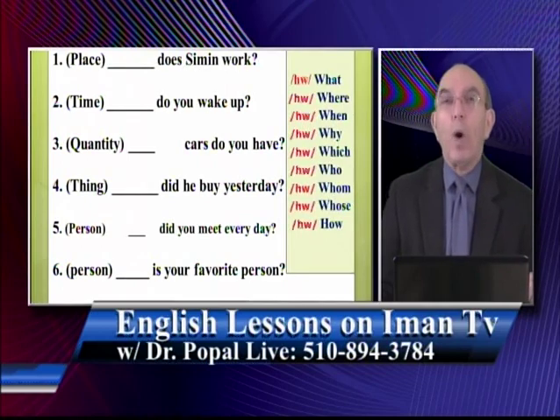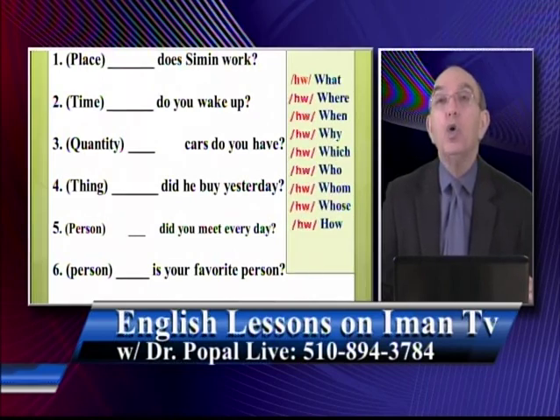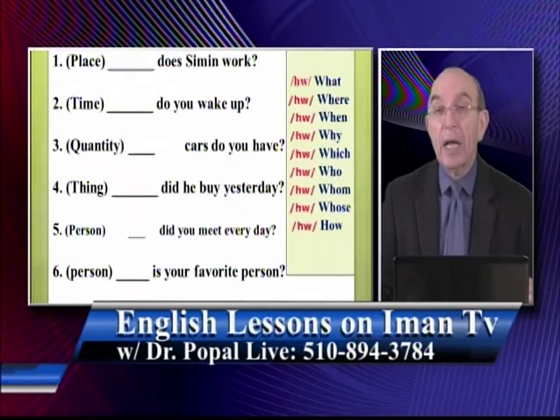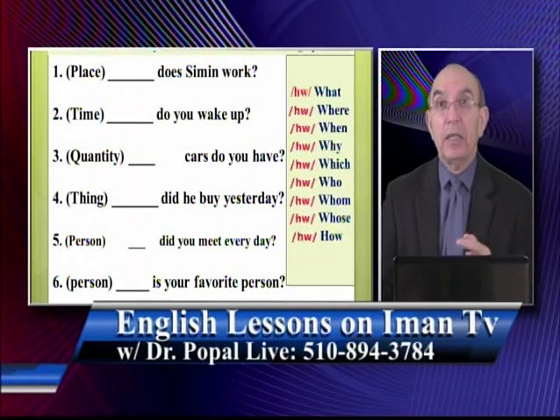Like you don't say what, you say what? What. You say H first. What. Where. When. Why. Which. Who. Whom, whose, and how. You say H first and then W.